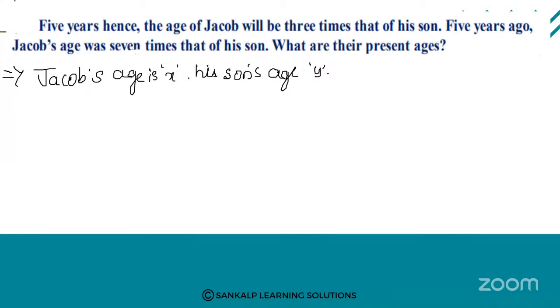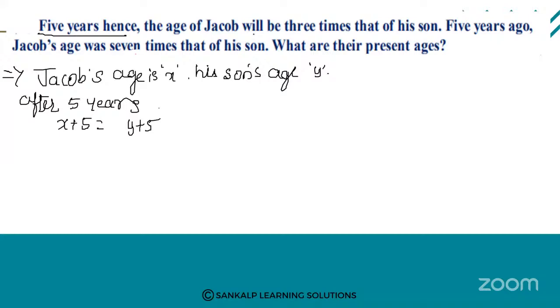Next. Hence means after 5 years. So after 5 years means you are adding 5 years to Jacob as well as 5 years to his son. Okay. So x plus 5 is equal to y plus 5.